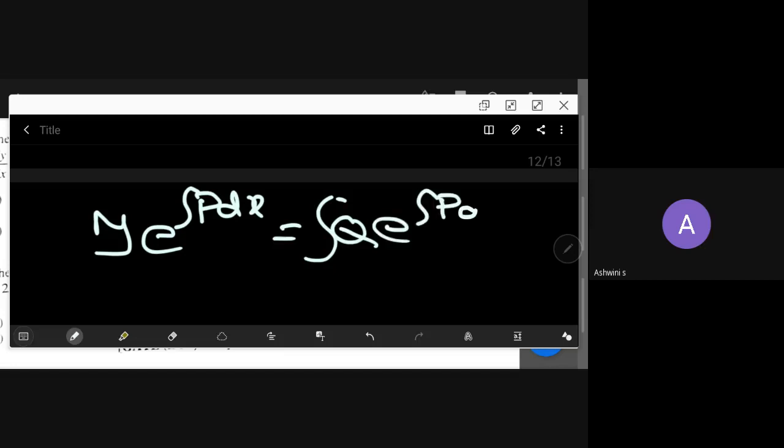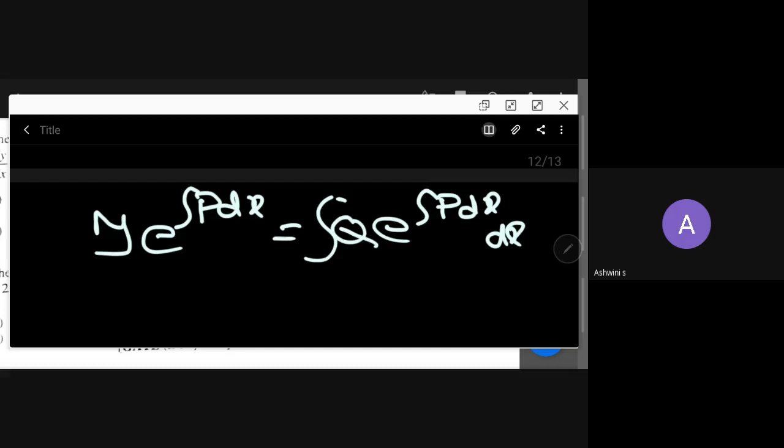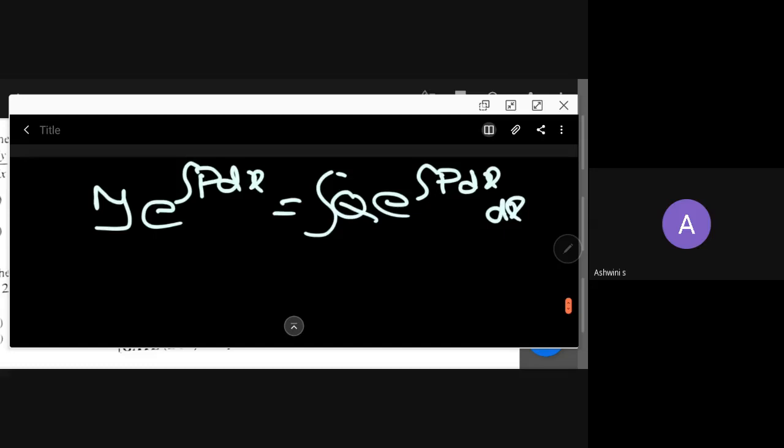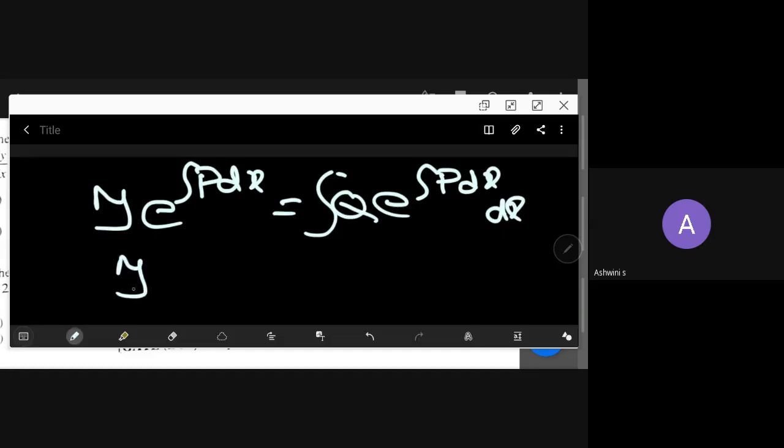y e power integral p dx is equal to, I have given in this slide again, integral of q e power integral p dx dx. So what is e power integral p dx? I have here x. So yx is equal to, what is our q here?